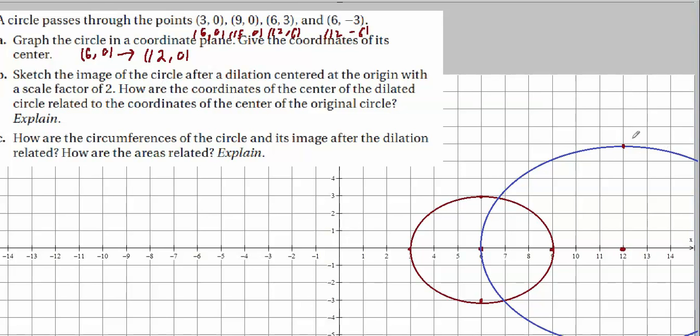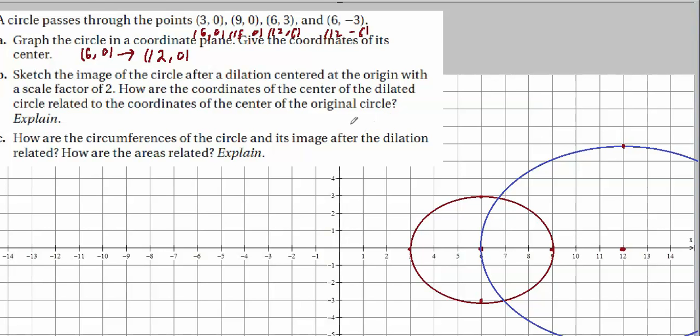And it's true for all the coordinates. For instance, this is (6, 3) here. This is (12, 6). And down here is (12, -6). And way off the page to the right there is (18, 0). What about the circumferences? Well, if we doubled everything, remember the linear parameters usually move right along with the scale factor, whereas the areas usually move as the square of the scale factor.